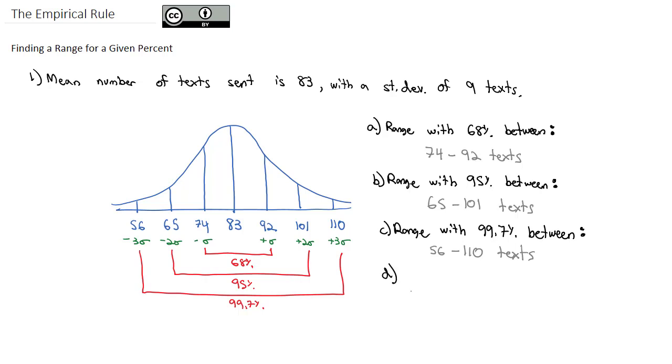Here's one that's not on the empirical rule, but we should still be able to figure out. What is the range with 50% below?